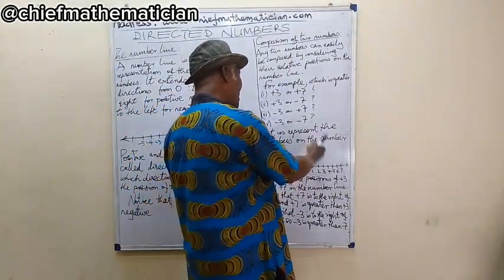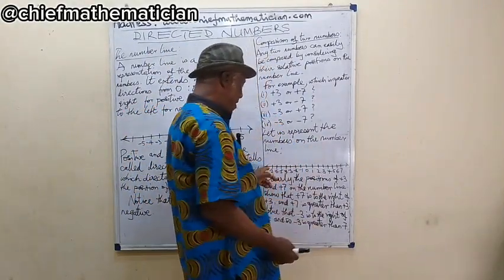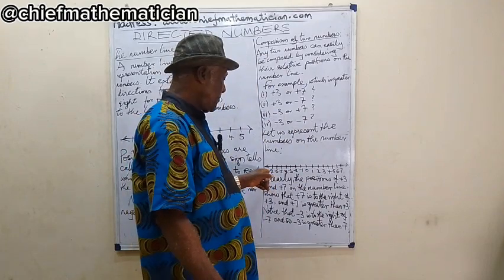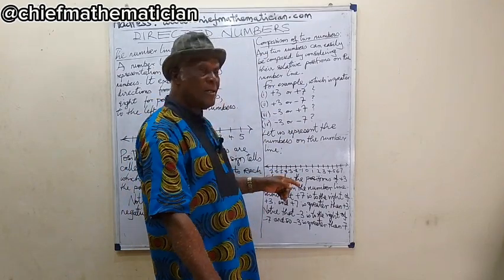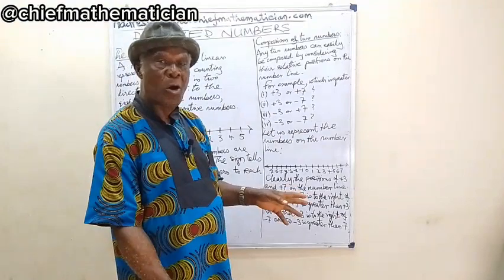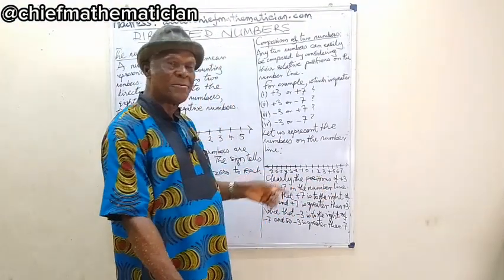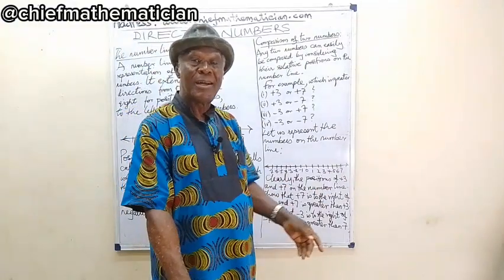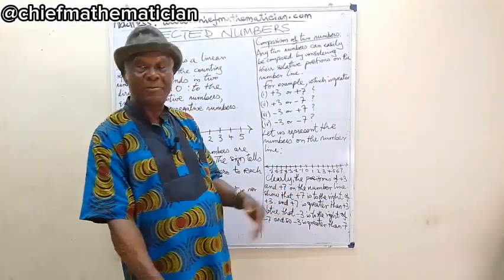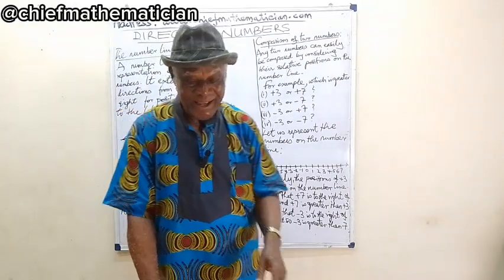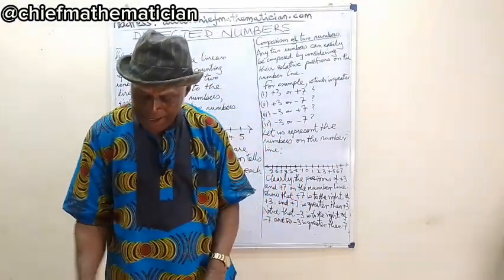Because 0 is to the right of minus 7. So, if two persons are scored, one person has 0, another person has minus 7. The person who has 0 is better than the person who has minus 7. It's very interesting.